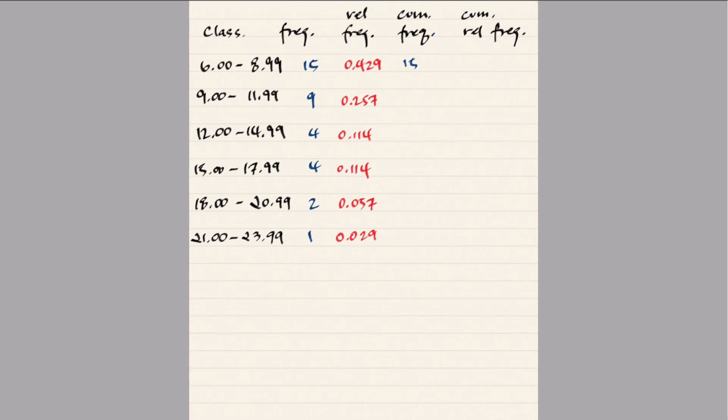But for the second class, it's going to be 15 plus 9, which would be 24. And then it's 24 plus 4, which would be 28. And 32. And 34. And finally 35.